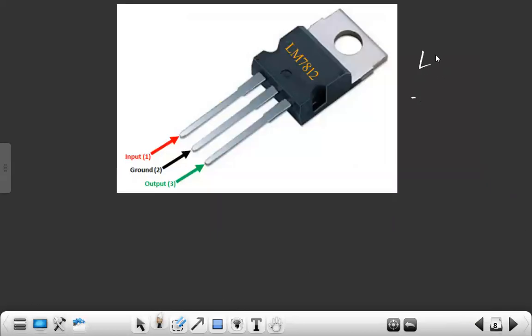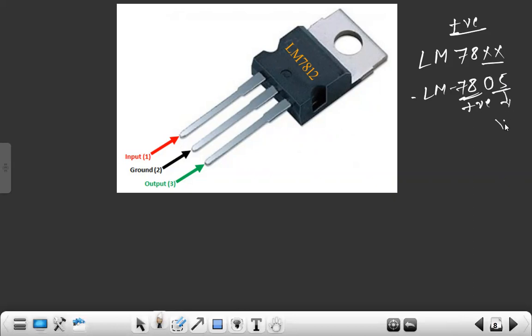This is the series of regulated positive voltage power supply, LM78, and here is XX. So what is XX? LM78 is meant for positive voltage regulator, and XX, if I write 05, defines the output voltage.